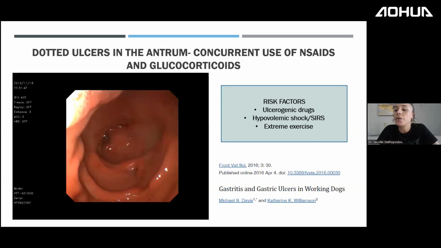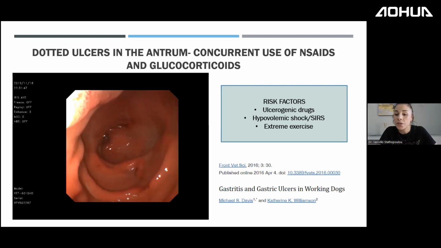Which are the risk factors for ulceration? Ulcerogenic drugs like non-steroidals, and we have a huge list of ulcerogenic drugs here. I'm not going to go through that. Mostly it's non-steroidals, and hypovolemic shock, because the blood flow is very reduced in the gastric mucosa.